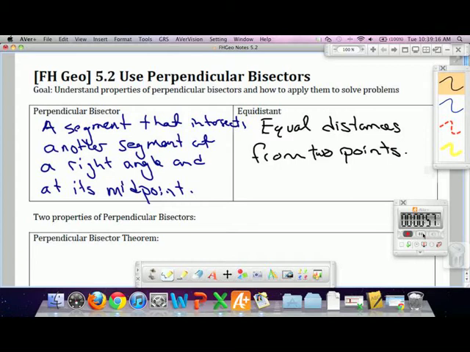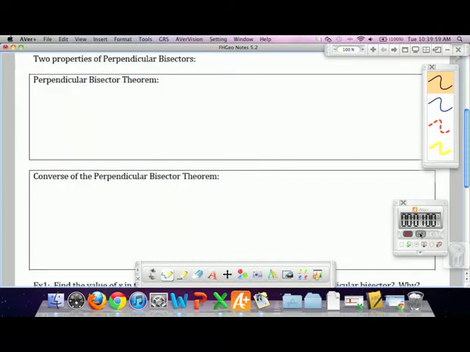Perpendicular bisectors have the following properties. This theorem is actually a biconditional, but I'm going to write each condition separate from each other.